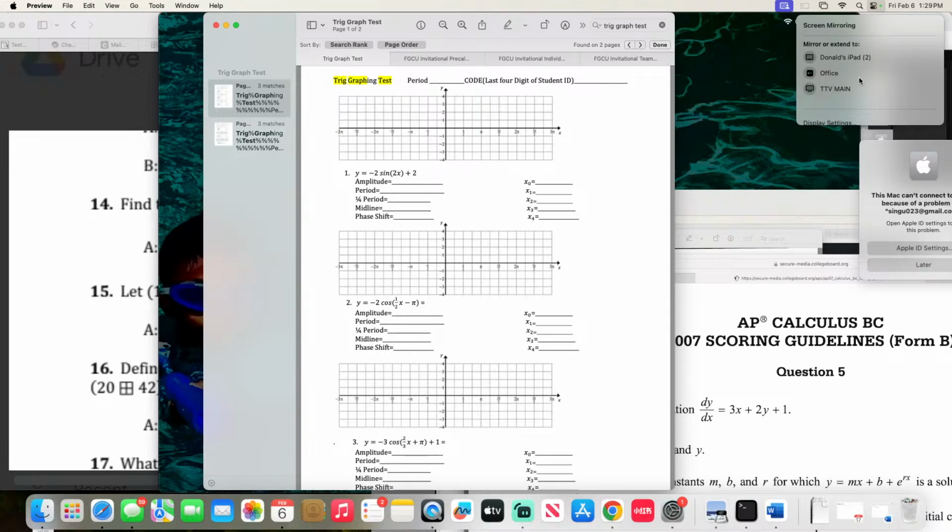Cosine is going to be at a peak, midline, or trough? Peak. So I'm going to go 2 units above and draw a peak. Sorry, I got my right and left confused. That was pi over 8. Better now? Then I'm going to graph it.